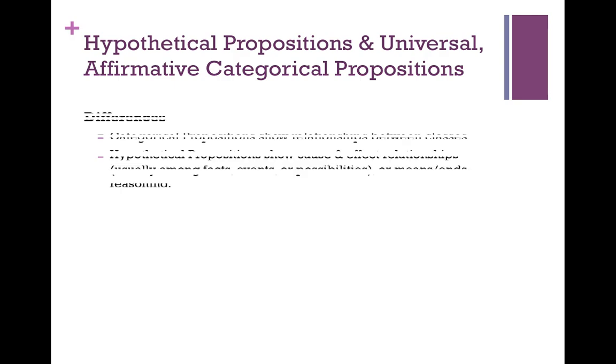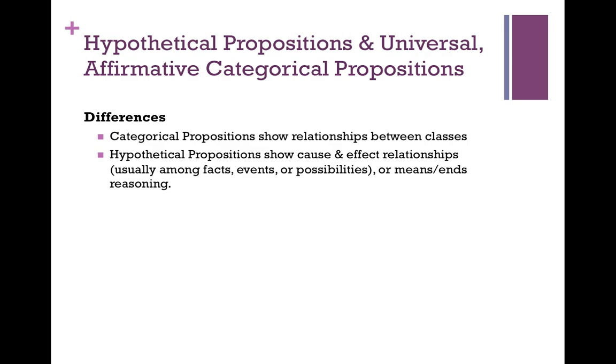So I want to begin by just stating some differences between categorical propositions. Actually, that's fine. But I want to state some differences between, and we'll focus on particularly universal affirmative categorical propositions and hypothetical ones. But one difference between them is just categorical propositions in general. They show relationships between classes.